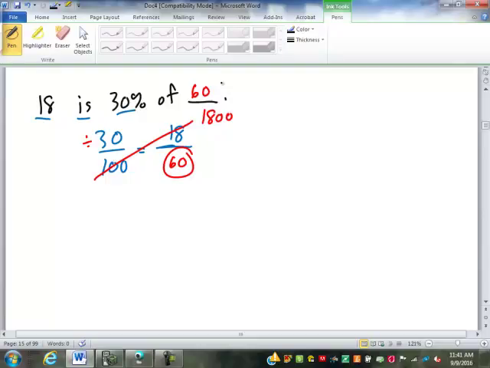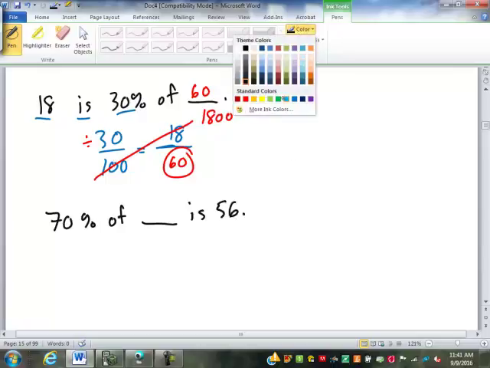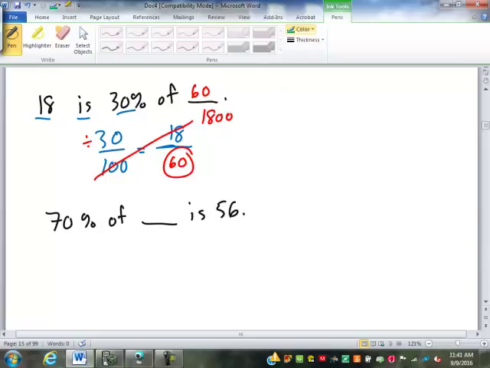You could also run into 70% of blank is 56. Well, again, we have a percent. Let's start with that. 70% is 70 over 100. Now we have a missing number and we have a 56.